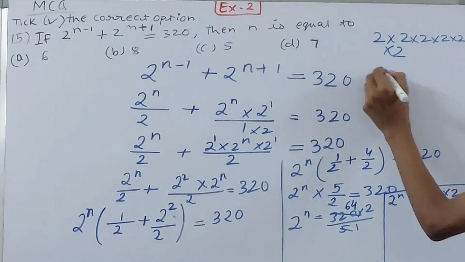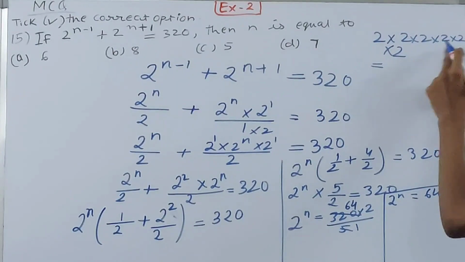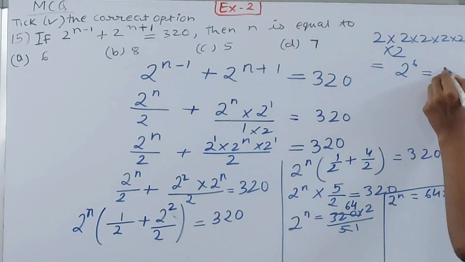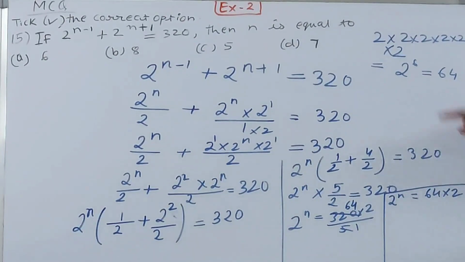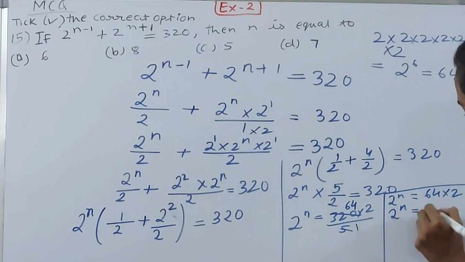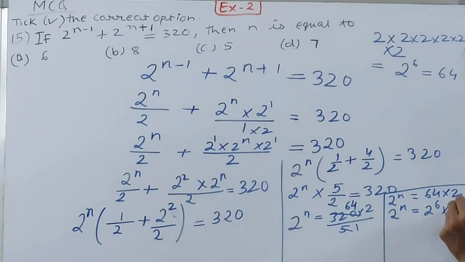Now once more, so 1, 2, 3, 4, 5, 6, okay, so 2 to power 6 is equal to 64. So I can put this 2 to power 6 in place of 64 here. So 2 to power n is equal to 2 to power 6 into 2.